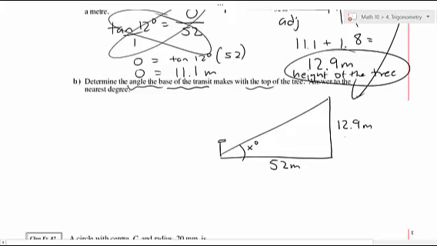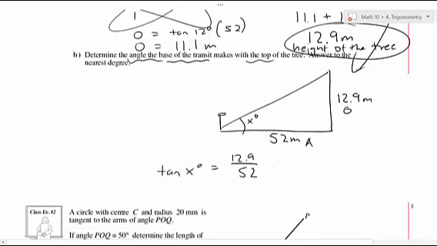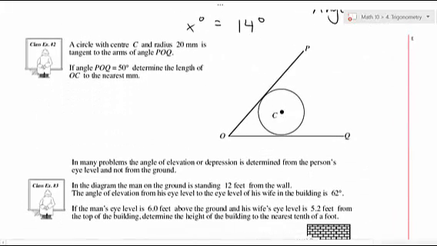We don't know what it is, but we do have the opposite and we have the adjacent. In that case, we would say tan x degrees equals 12.9 over 52. So we put in our calculator 12.9 divided by 52, then we inverse tan to get that. And so x degrees equals 14 degrees. And so the angle equals 14 degrees.